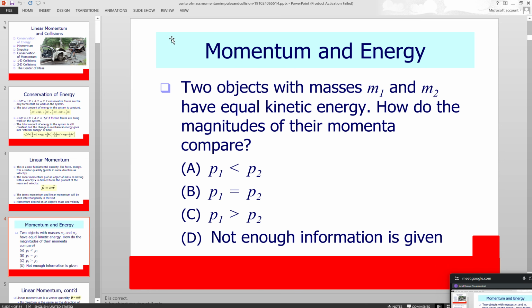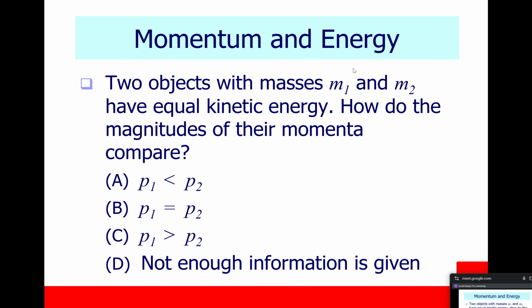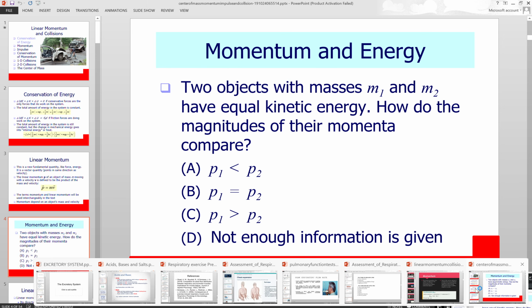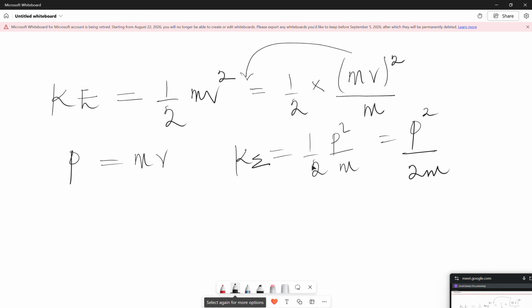So, two objects with masses m1 and m2, let's suppose they have equal kinetic energy, how do the magnitudes of their momenta compare? They've already mentioned that they have equal kinetic energy.